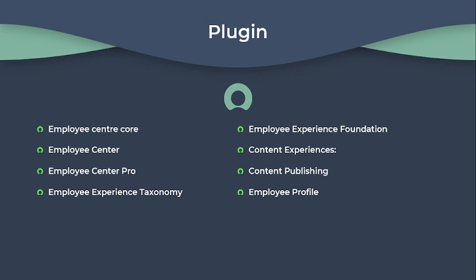Then employee profile. Employee profile is the feature that a company employee manages employees profile. There are other different plugins like employee forum. Employee forum is the feature that can accompany employee center pro. So this is the list of plugins for ESC portal.